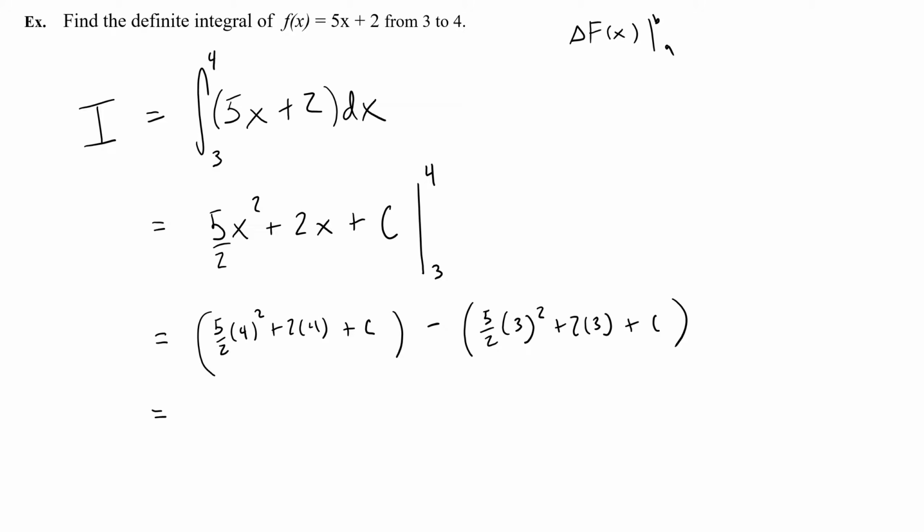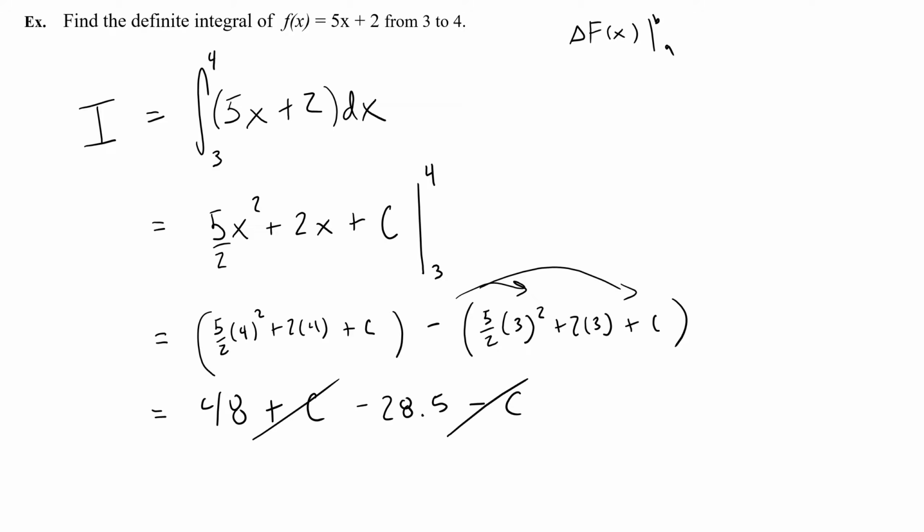So this is going to give me 5 halves 4 squared plus 2 times 4 is 48 plus c. And then 5 halves times 3 squared plus 2 times 3 is 28.5, so minus 28.5, and this minus also gets distributed to that c, so minus c. Again, the c's cancel out.